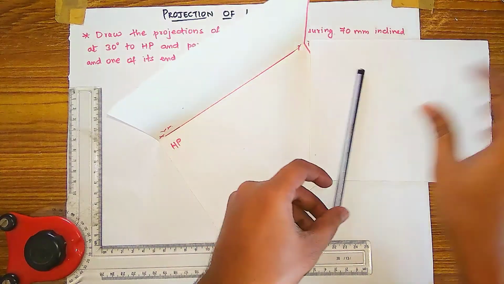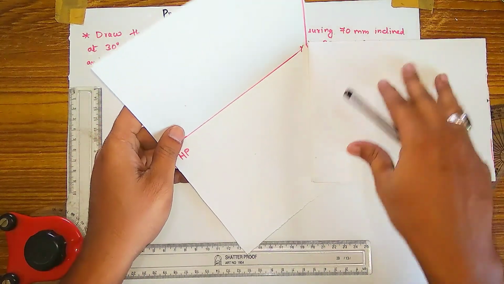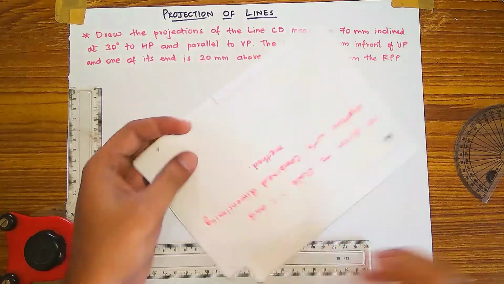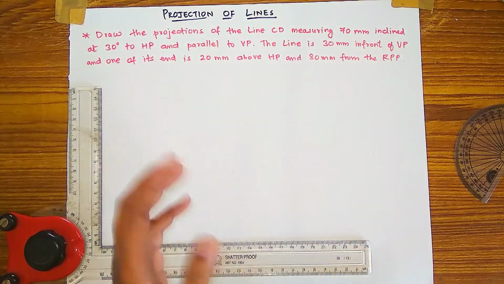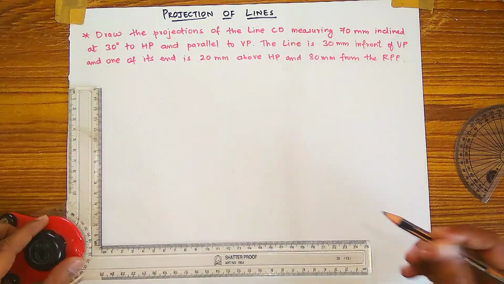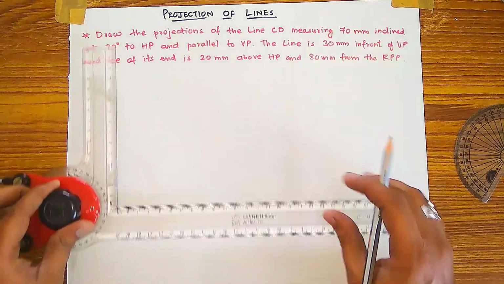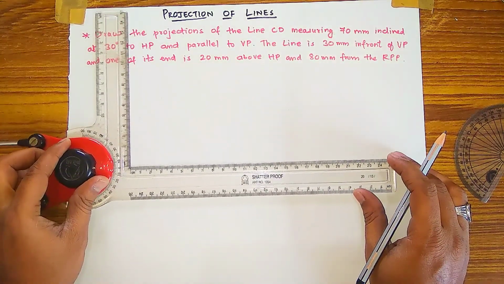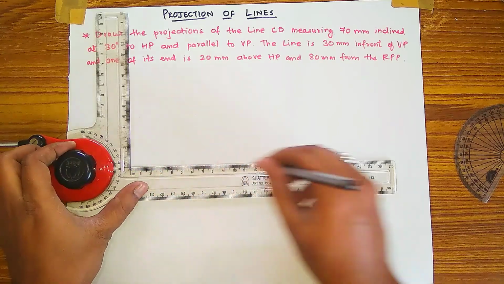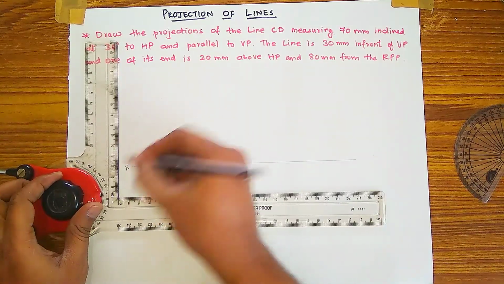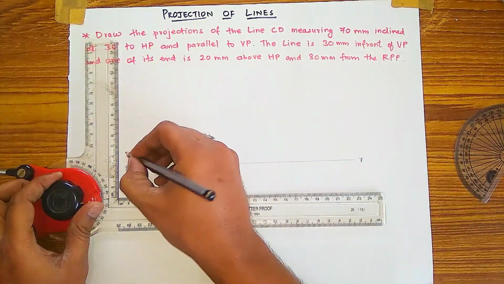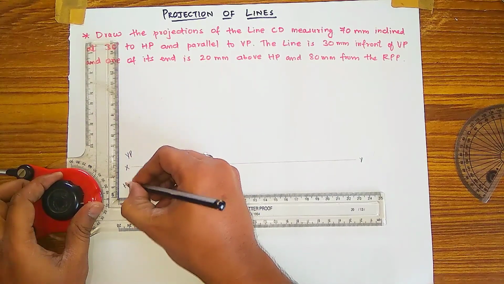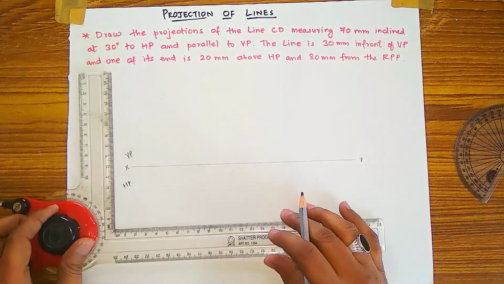So how to draw this problem? Theoretically I am explaining in detail how to draw it by an easy method, so watch my videos till the end. Before starting this question, you have to draw an XY line, the vertical plane and the horizontal plane, and label them.